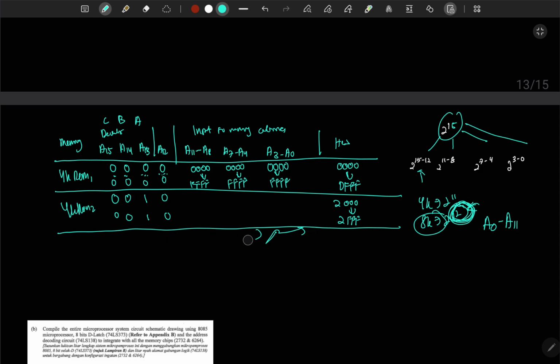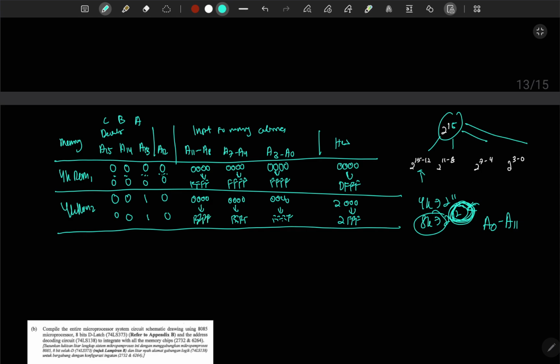That is why I asked you guys to make it as nibble, because this is 2 power of 8, 2 power of 4, 2 power of 2, 2 power of 1. The sum is equivalent to 16, which is F in hexadecimal. Beware of that. Now here we know that it's going to be 0000 till FFFF.